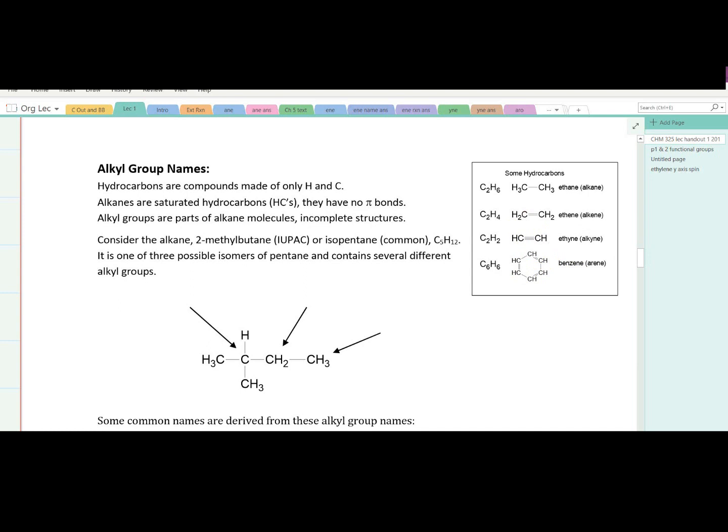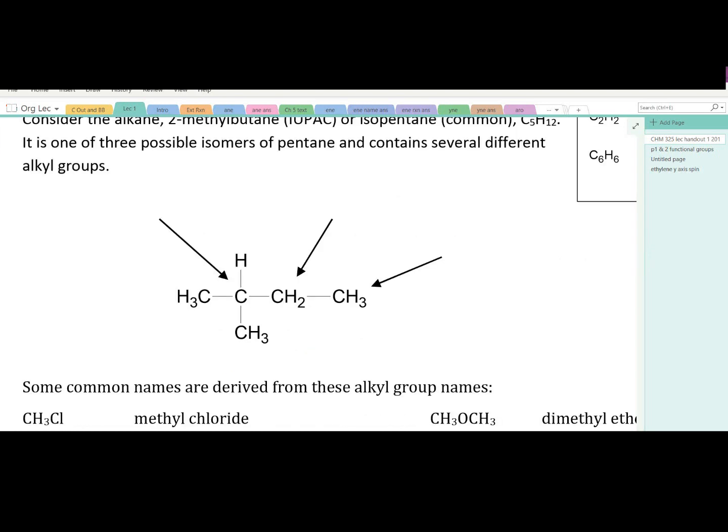Now consider the alkane 2-methylbutane. Here it is, 2-methylbutane in IUPAC, or isopentane, the common name. In either case, it's the same molecule, C5H12.